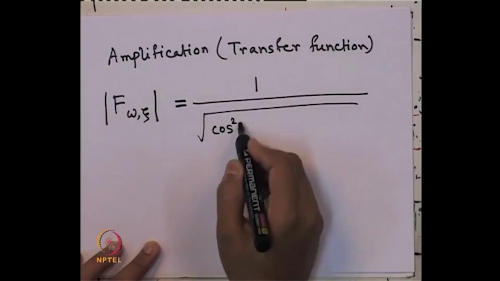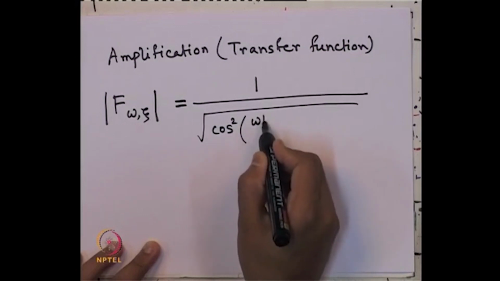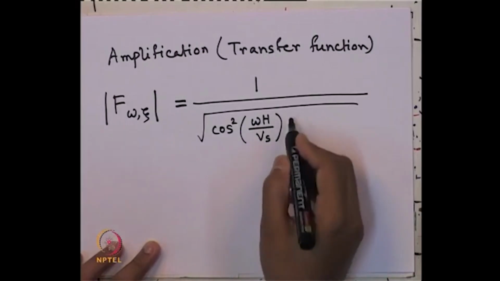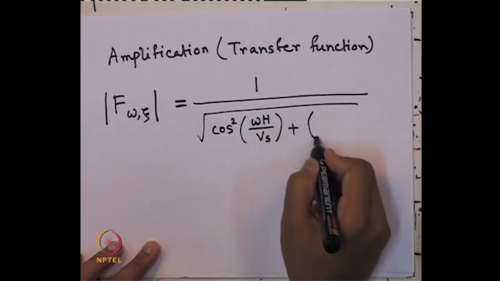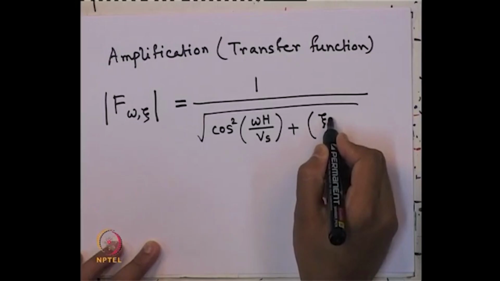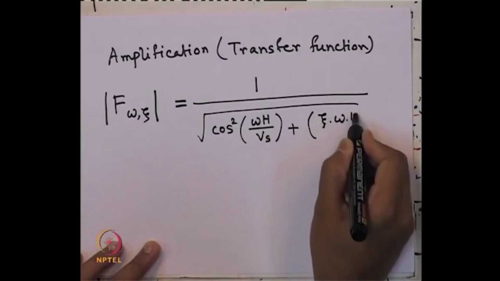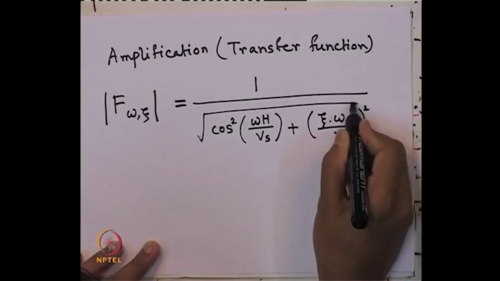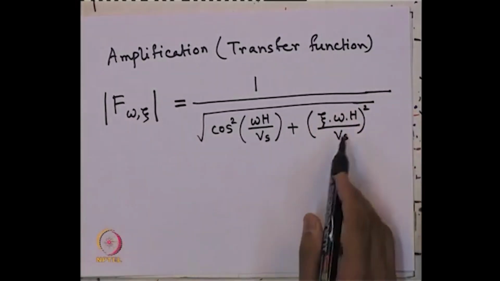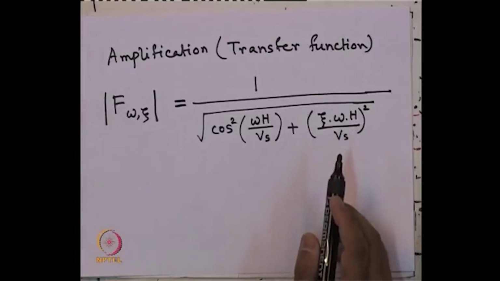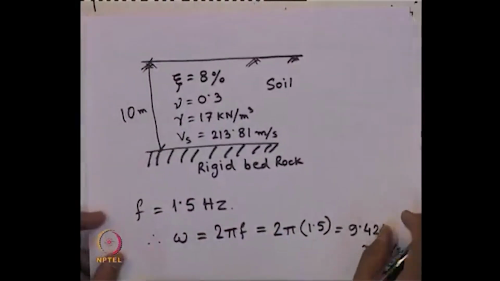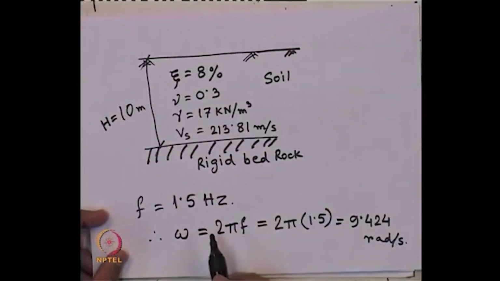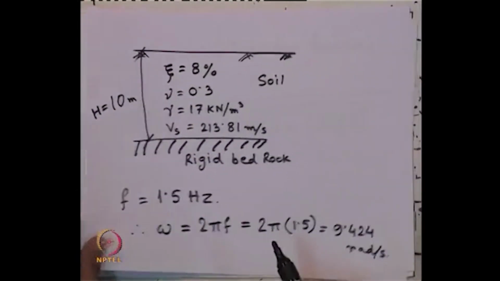cosine square of (omega h by V s) plus (eta omega h by V s) whole square. Now, what is h? As we know, in this case h is nothing but the thickness of the soil layer, fine.